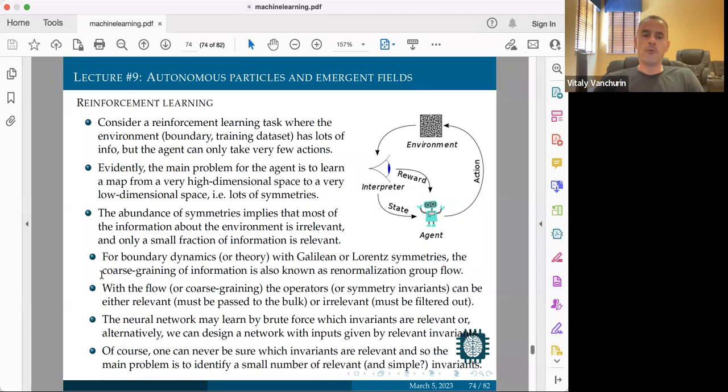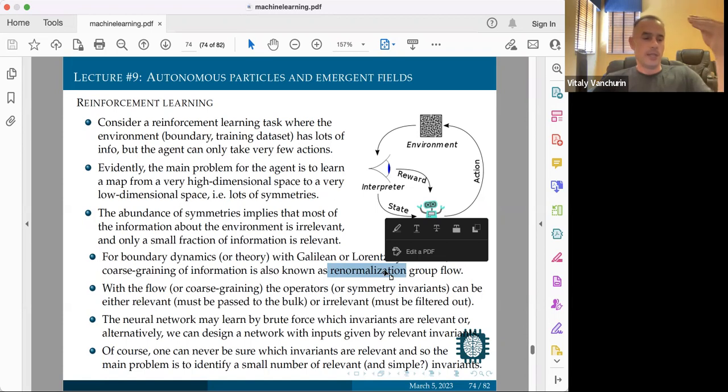Now, this flow of invariants or operators is usually called a renormalization group flow. However, in our case, all that we are going to be referring to is that let's just identify the invariants that are useful.